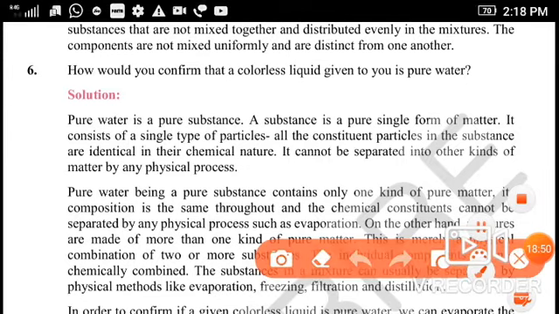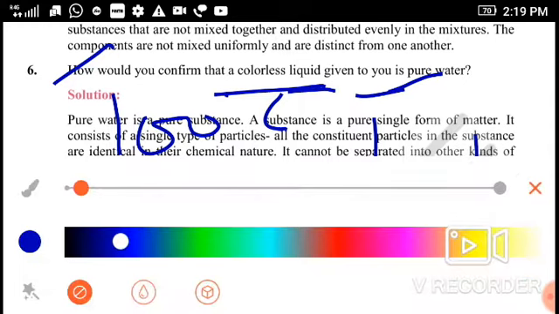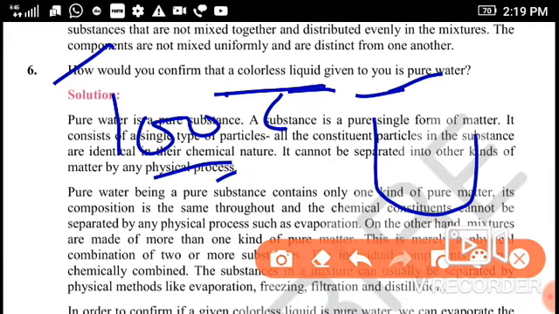How would you confirm that a colorless liquid given to you is pure water? When you heat water, as we know, the boiling point of water is 100 degrees Celsius. You are given a colorless liquid, and you have to find out whether it is water or not.